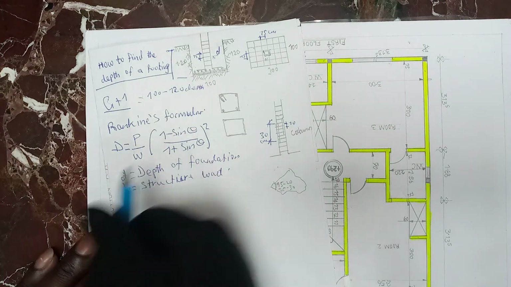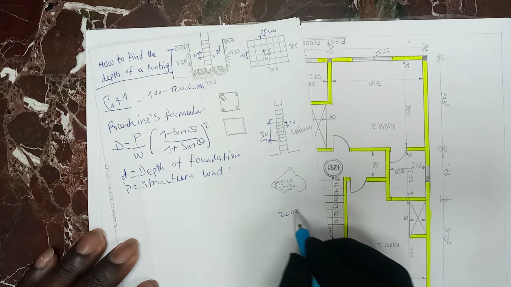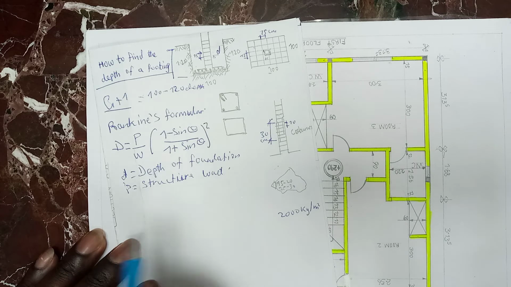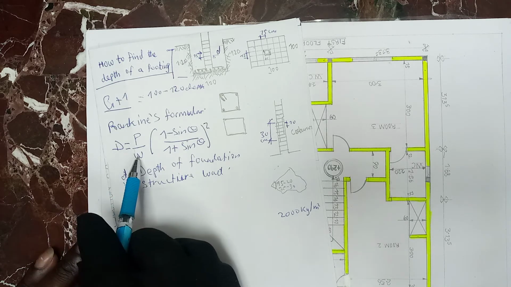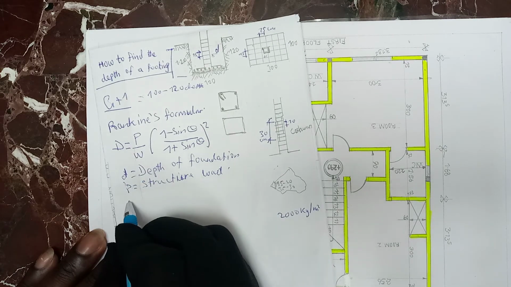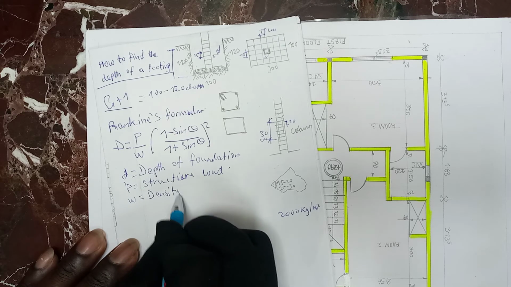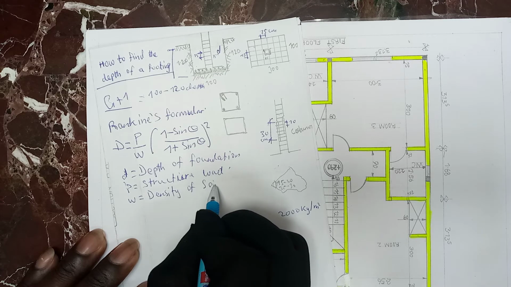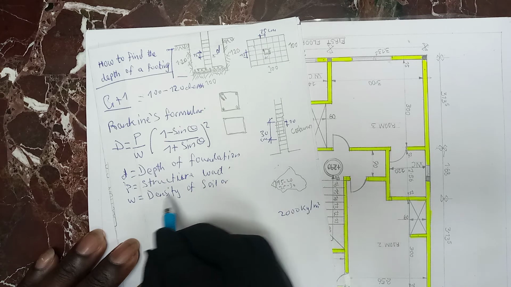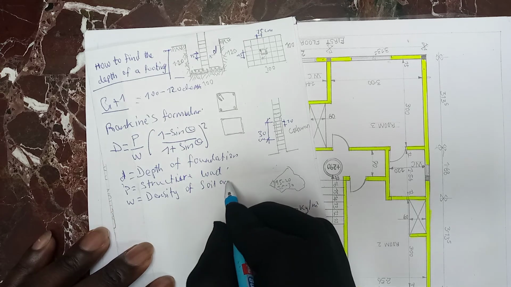They can give you the structural load to be 2,000 kilograms per meter square. Then W is equal to the density of soil, and theta is the angle of internal friction.